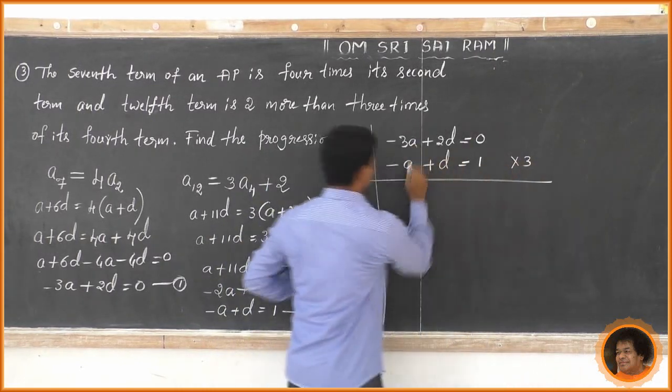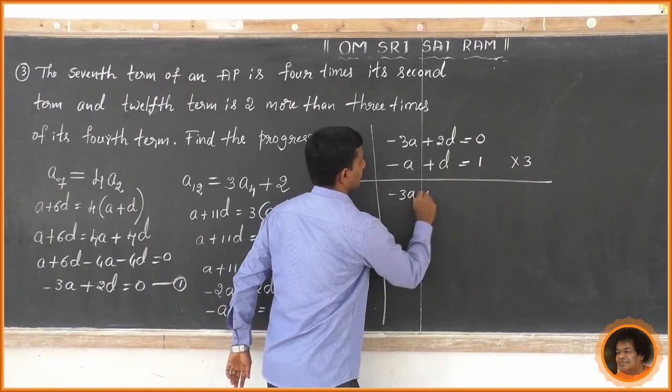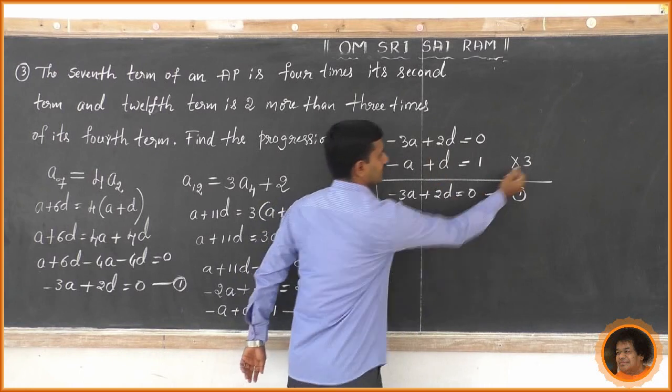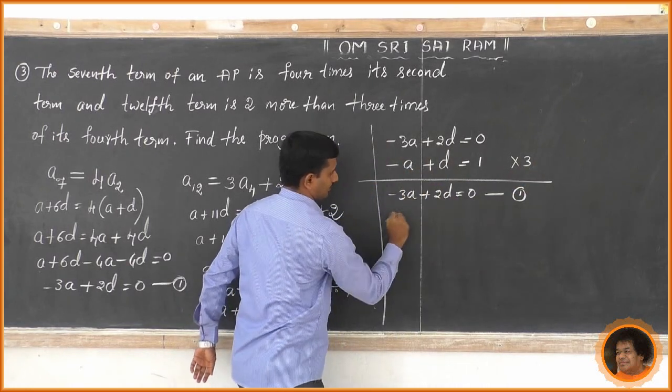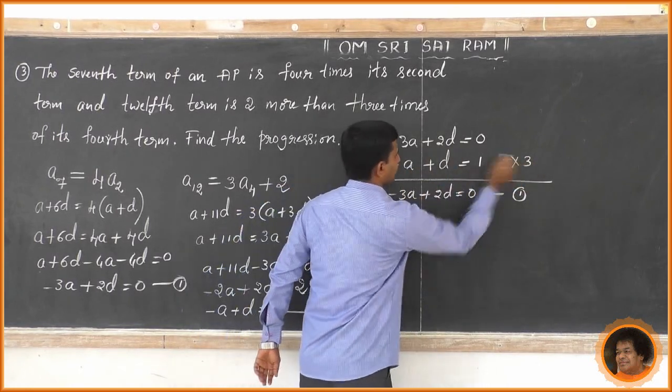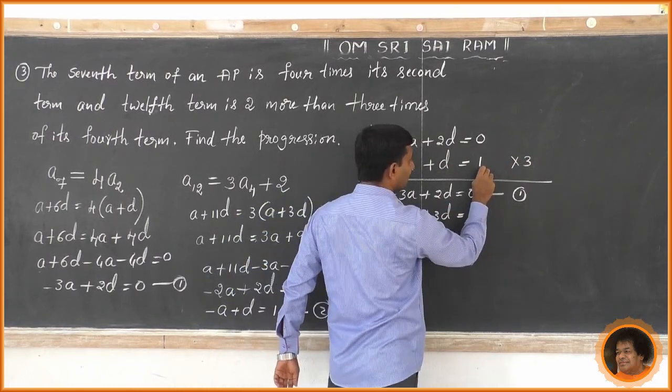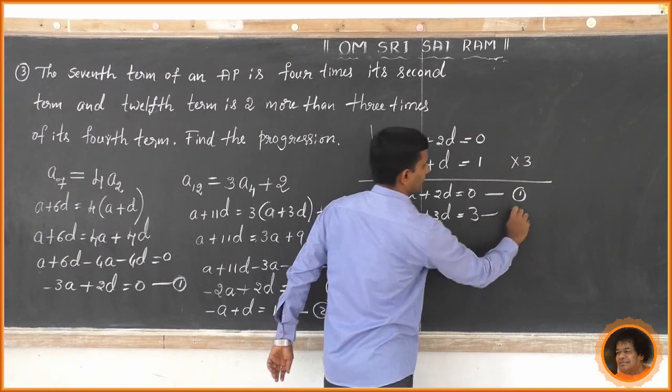So we get the first equation, minus 3A plus 2D equal to 0, equation 1. And 3 into minus A is minus 3A, 3 into D is plus 3D, equal to 3 into 1, that is 3, equation number 2.